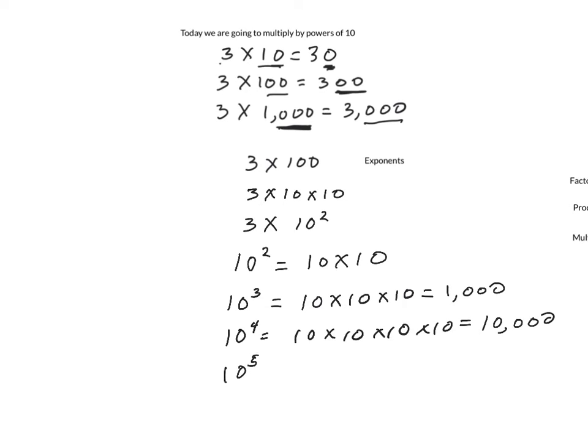And we could keep going. 10 to the fifth power equals 10 times 10 times 10 times 10 times 10, which is equal to 100,000.